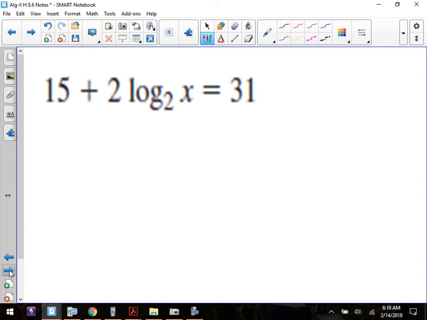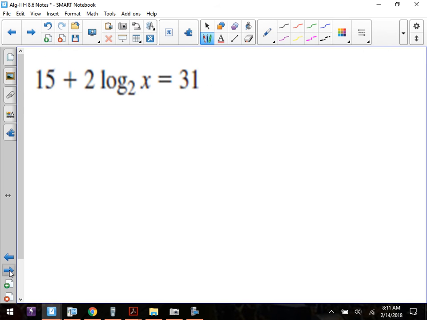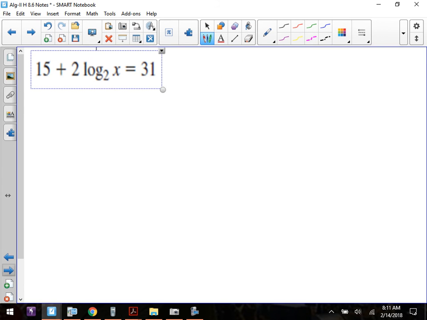All right, so you move the 15, then what are you going to do? Well, let's think of it this way. Let's try it both ways and see what happens.